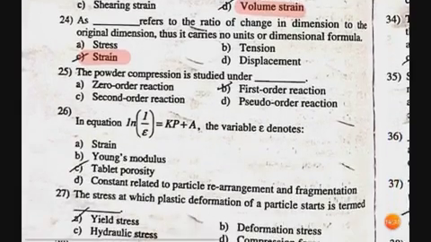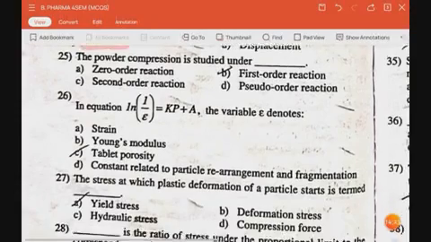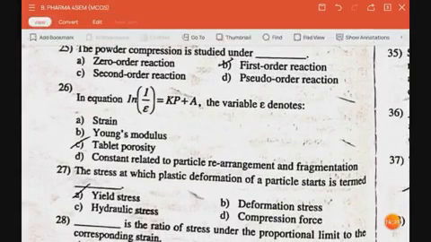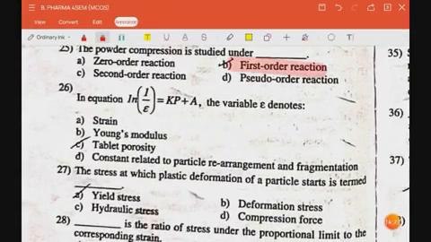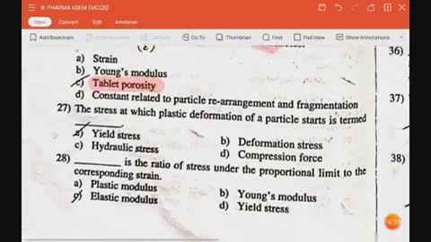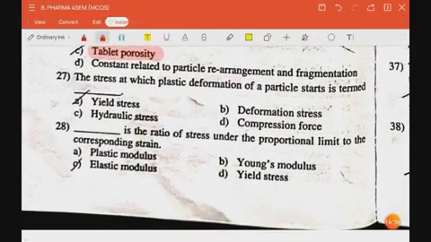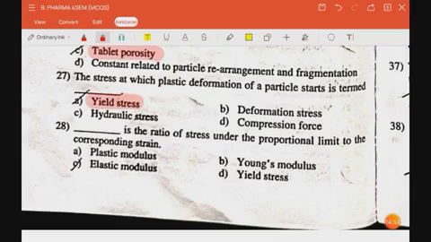The answer is strain. The next question is the powder compression is studied under first order reaction. The next question is in the equation the variable denotes tablet porosity. The next question is stress at which plastic deformation of a particle starts is termed as yield stress.